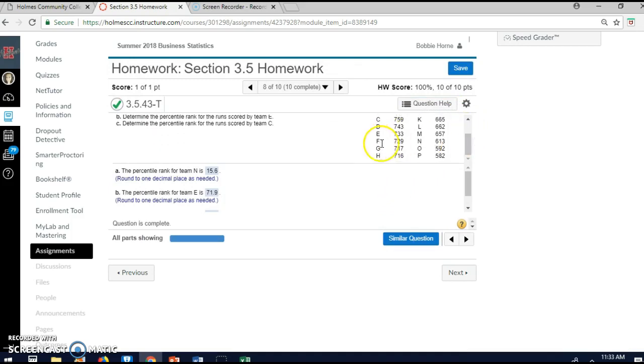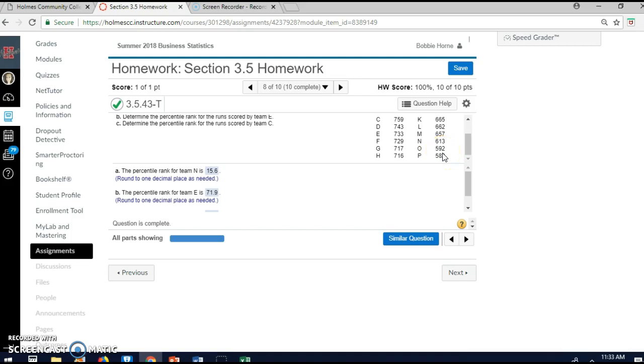The percentile rank for N, here's N, and I think we have 16 values here. So 2 below it, 2.5 divided by 16. And you want to round to 1 decimal place. Remember, it's the number of values below what you're looking at plus 0.5. So we have 2 below it.